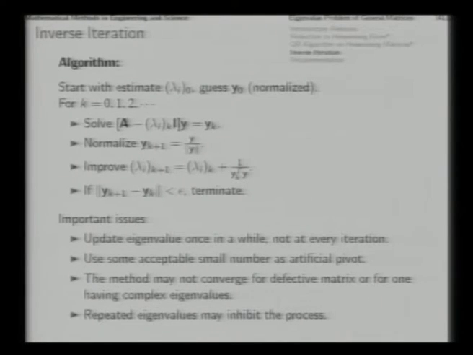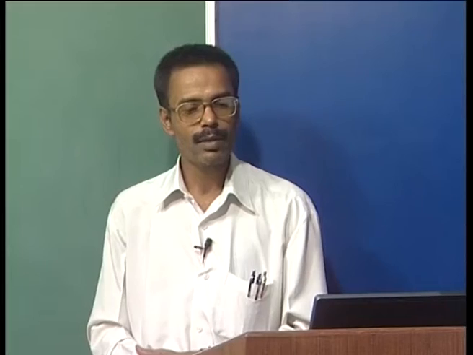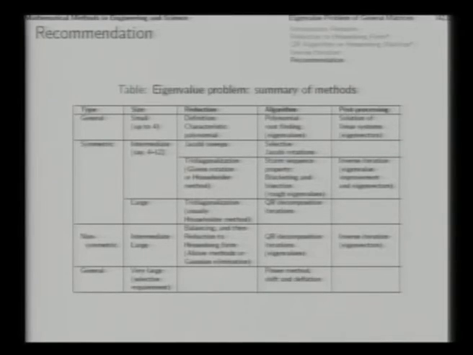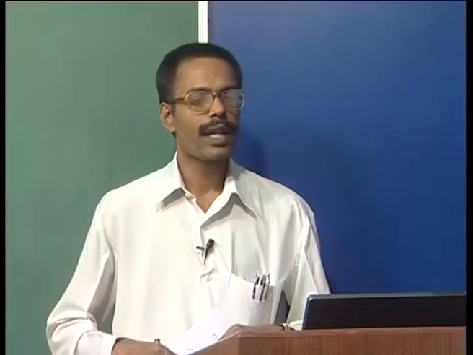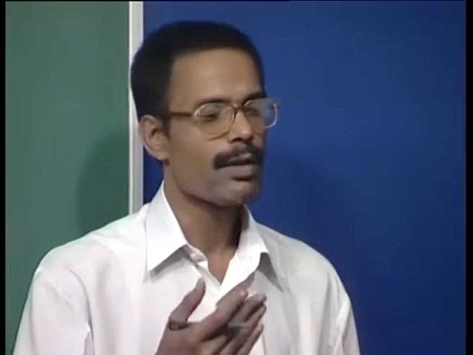Now, with this much we complete our discussion on the eigenvalue method, and at the end we need to have a quick look at the entire spectrum of methods that we have studied in the last 5 lectures, and make a sort of choice on the kind of methods that we typically utilize while solving eigenvalue problems of different kinds and sizes of matrices.